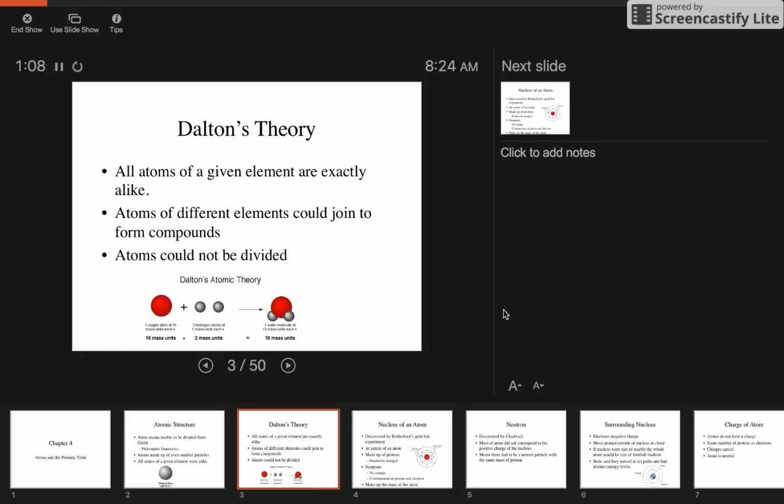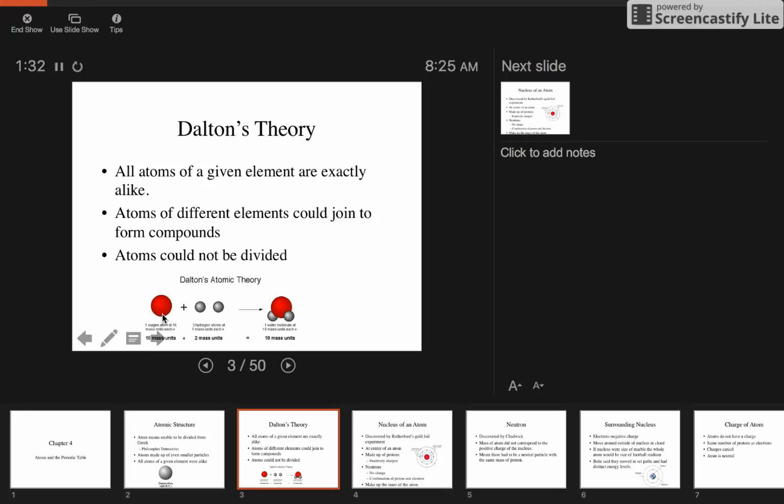And Dalton's theory consists of three specific ideas. One is that all atoms of a given element are alike. Atoms of different elements can join to form compounds, and atoms cannot be divided. Here you can see Dalton's atomic theory. And then this shows a model of a water molecule.